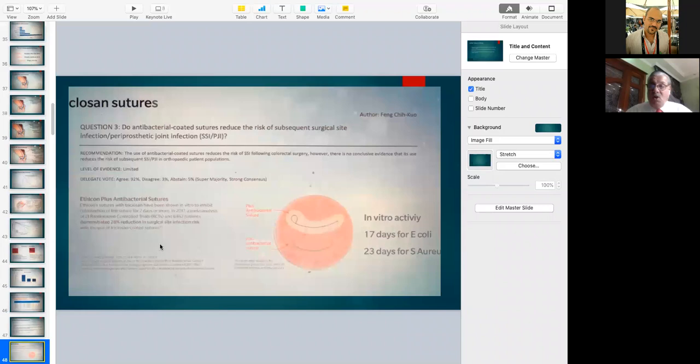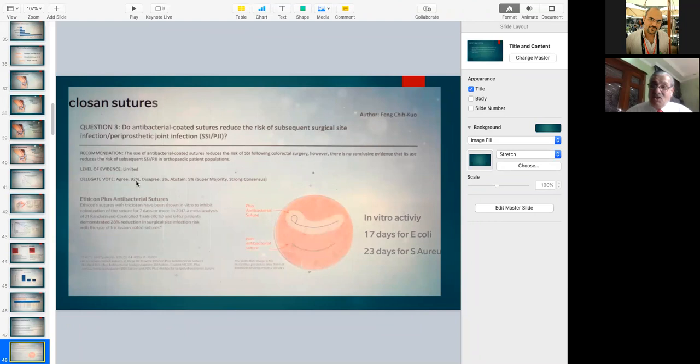What about those sutures which are coated with antimicrobial? Also, there is triclosan suture that has been reducing infection. Question 3 was: do antibacterial coated sutures reduce the risk of subsequent surgical site infection, PJI?